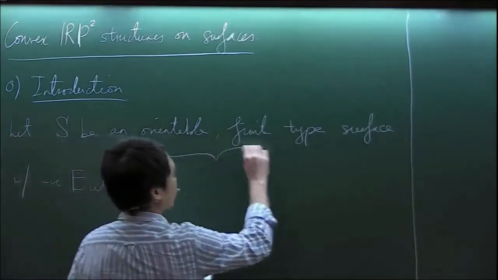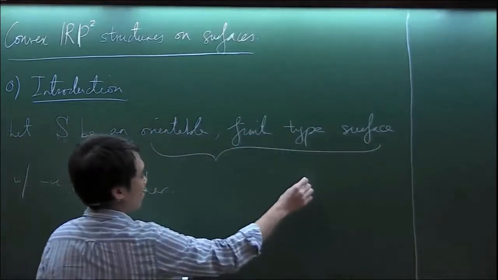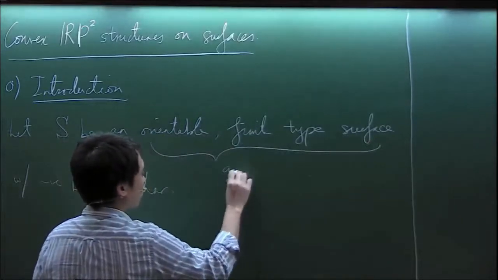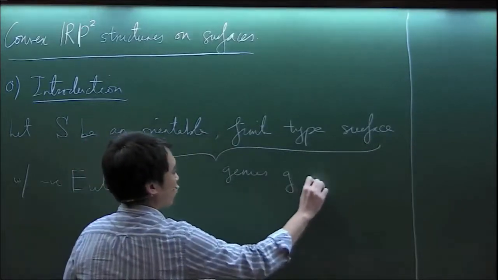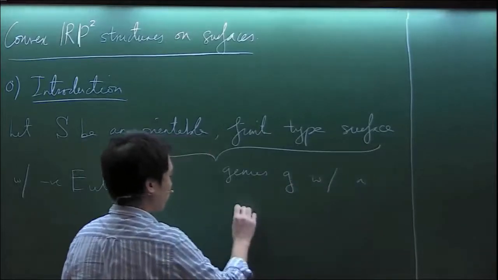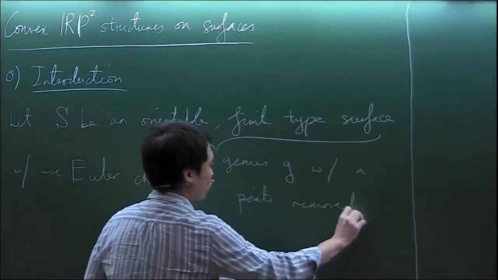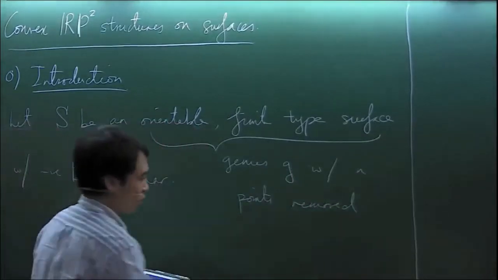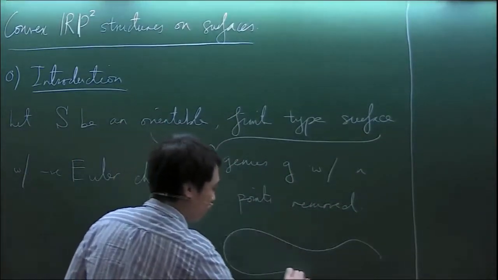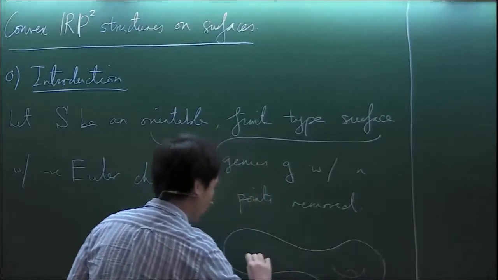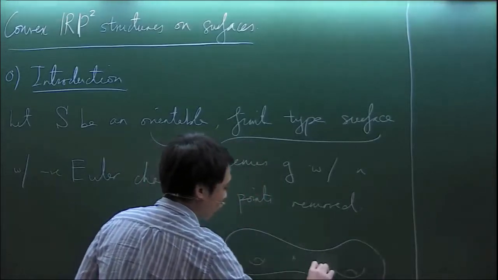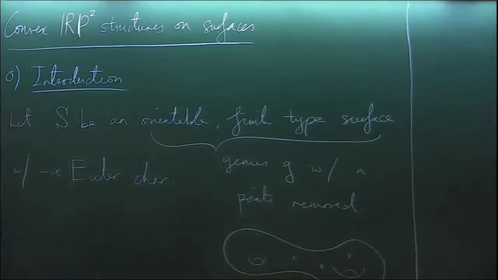Orientable finite type surface means that this is of genus g with n points removed. The n points that are removed, we call punctures of the surface. The picture you should have is maybe something like this: a genus 2 surface with a finite number of points removed.